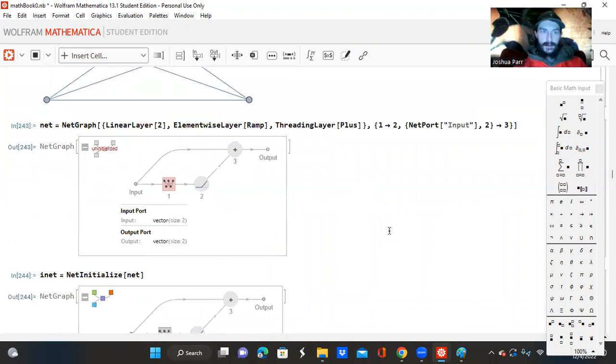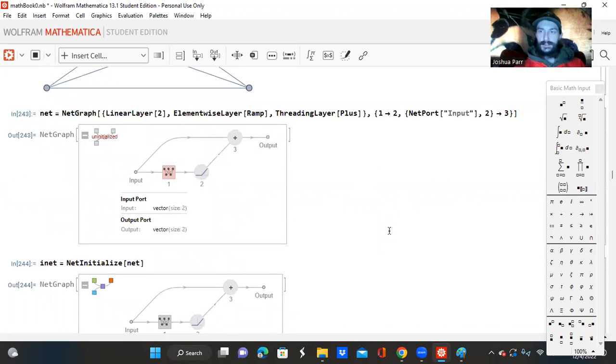Real quick, bipartite. So here I have this, Wolfram can do everything. We have neural nets now. We have neural networks and artificial intelligence, predictive algorithms and models.